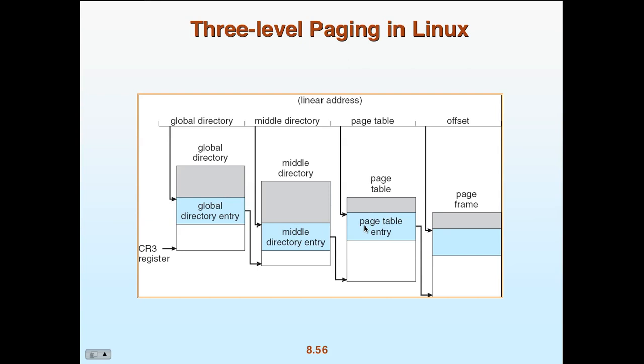Think of this more like a hierarchical system where the pages have the frames, the middle directory has the pages, the global directory has the directory of the pages, essentially. And we create some complex data structures to keep track of all of the information that's being stored in these tables. And these are nothing more than abstractions of tables that we're going to look at.